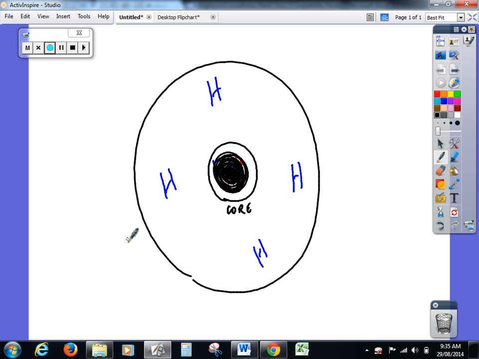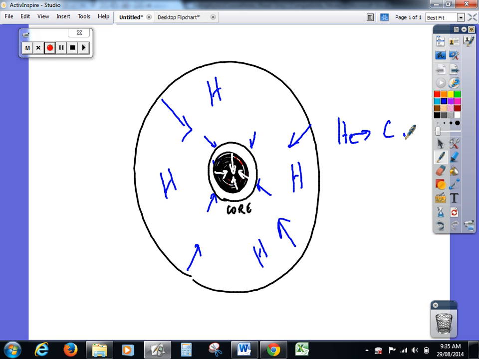What happens then is that the pressure from the outside of the star pushes the core in, and the core starts to shrink in on itself. As the core shrinks in on itself, there is enough pressure inside the core to fuse helium into carbon. And then suddenly carbon starts to form in the centre.